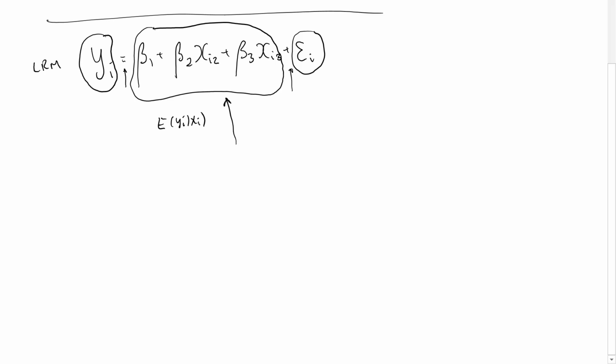What are we allowed to put inside this particular blob? Well, the answer is we can put explanatory variables and we can put the unknown parameters, the betas. Those are the only things we're allowed to put into that blob, not the error term, not the dependent variable, and nothing else as a matter of fact.